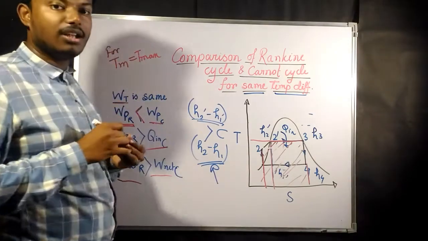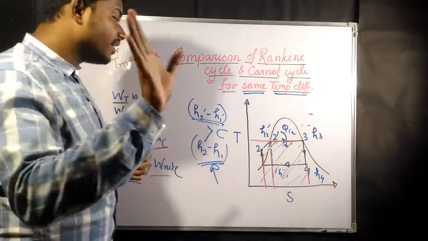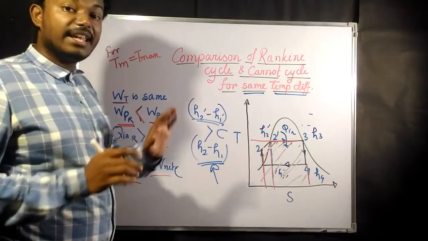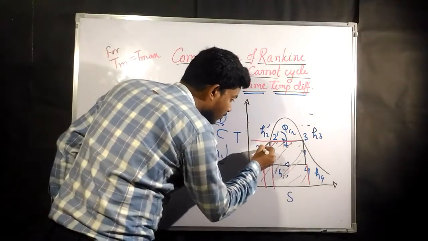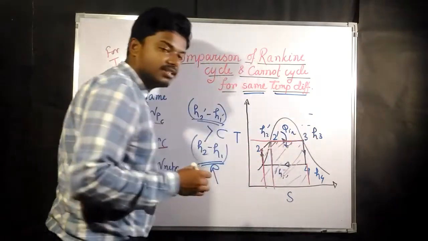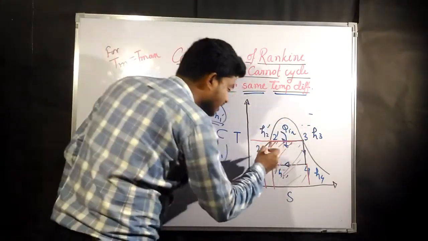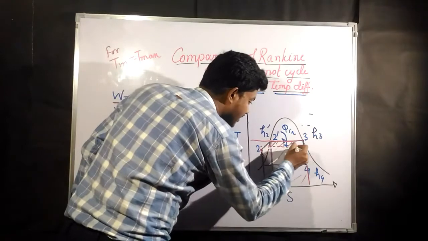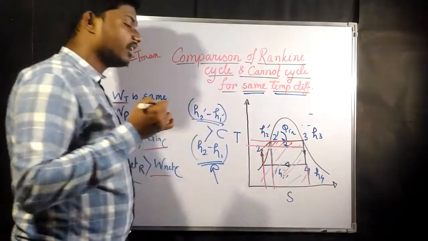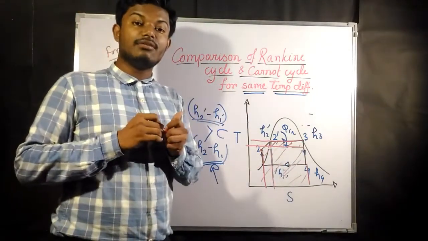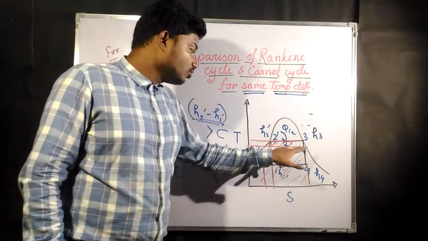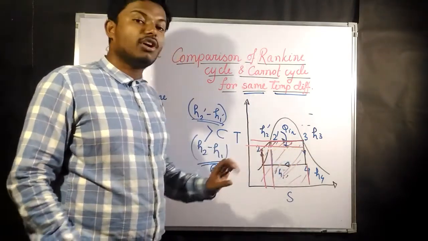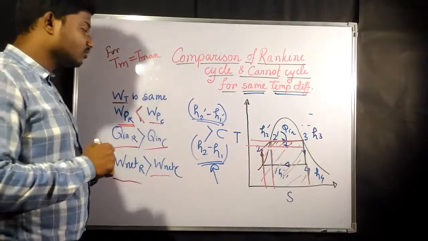But in the Rankine cycle, what is happening? This is one temperature and this is another temperature, so to make the area the same, you have to take the mean temperature somewhere here. We made you understand the concept of mean temperature in the previous lectures. So the mean temperature of heat addition for the Rankine cycle is going to be less.